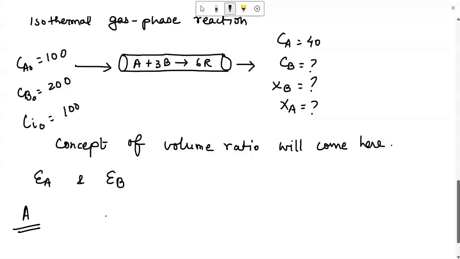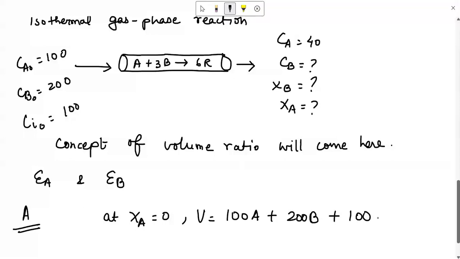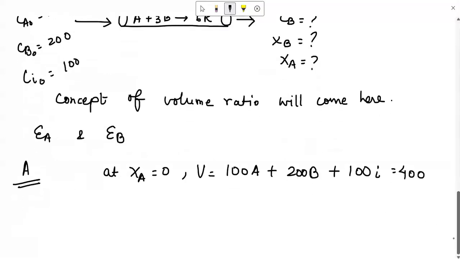At the inlet point where Xa equals 0, that is the conversion of A is 0, there has been no reaction. The total volume is 100 units of A, plus 200 units of B, plus 100 units of inerts I. So in total you have 400 volume units.